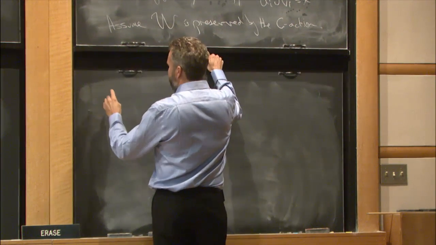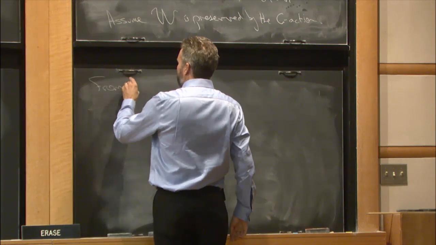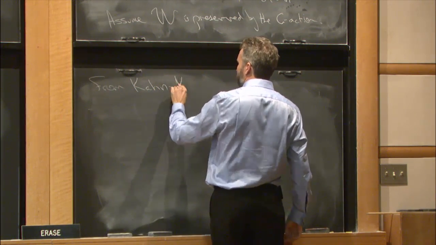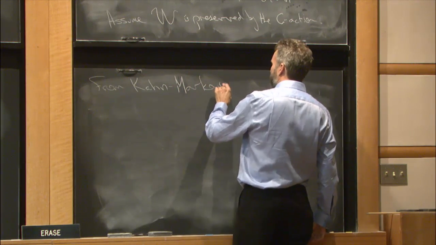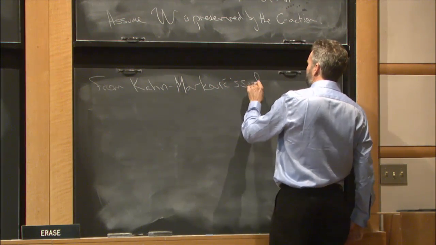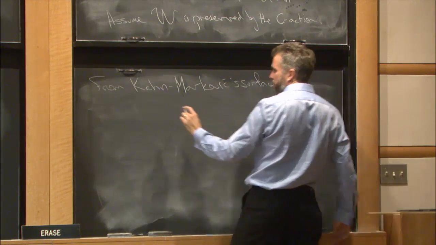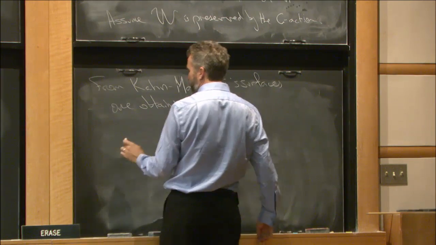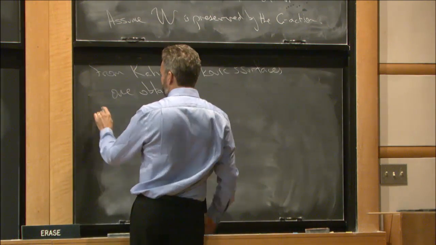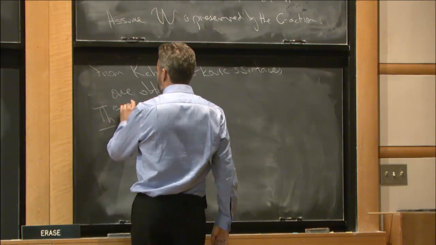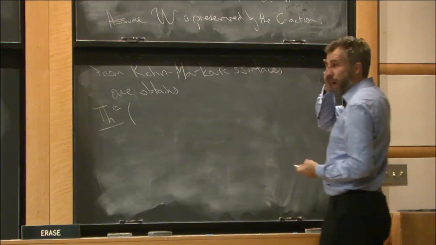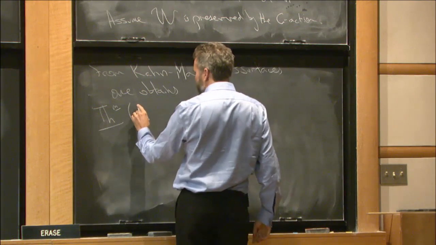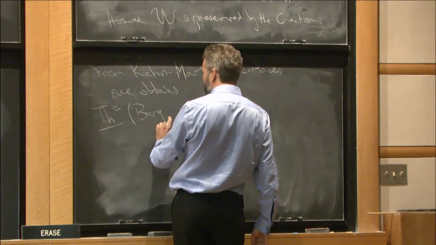So from Kahn and Markovic's surfaces, one obtains, so this is a theorem that's essentially a consequence of how many surfaces they found and this construction that I explained, but it was written down by Bergeron and Wise.